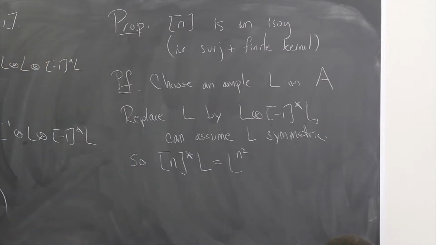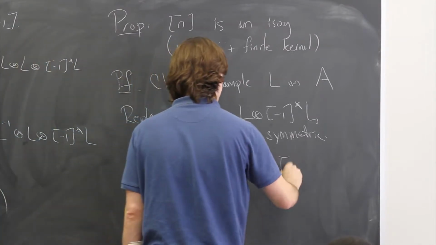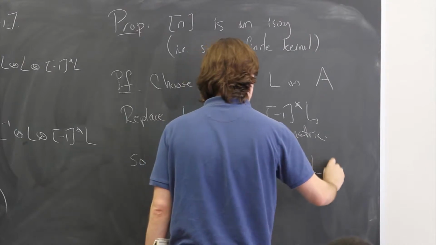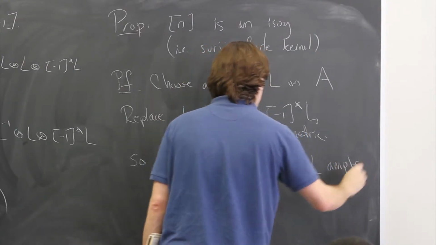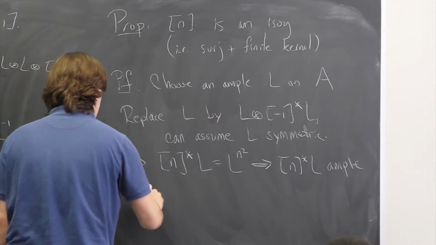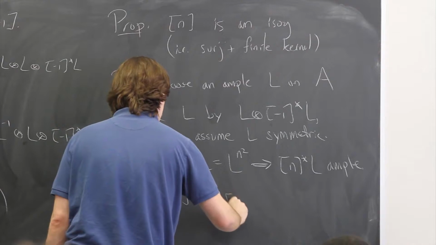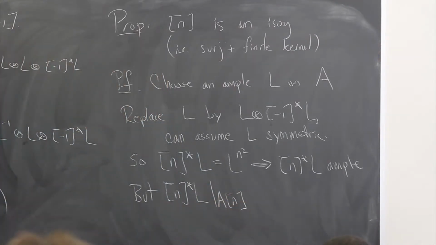And in particular, that implies that the pullback by n of L is ample, because it's L to the n squared. But when I take this pullback, n star L, and I restrict it to the n torsion, it's obviously the trivial bundle, because multiplication by n on the n torsion factors through the map going to 0.